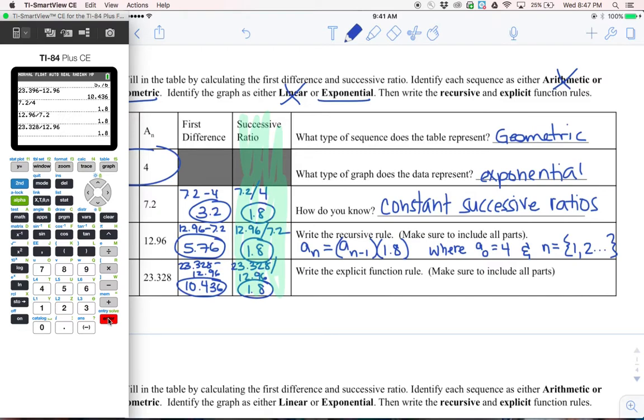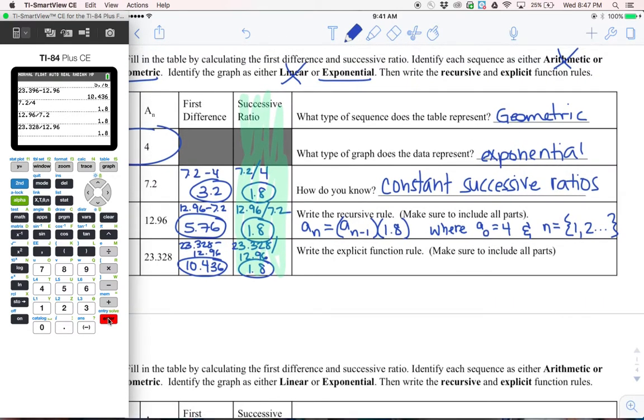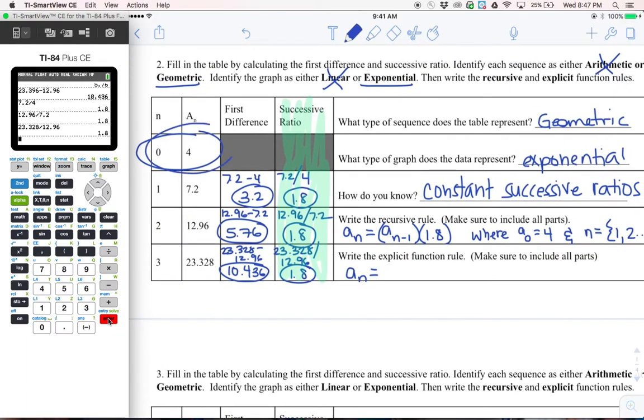Okay? Write the explicit function rule. Well, this rule is maybe a little bit easier. This does not require some of these. You don't have to use this special notation either. The explicit function is written like this. We say a sub n is equal to, the initial amount actually goes in the formula here, so that's going to be 4, right? 4 times 1.8, right? The constant is in both.